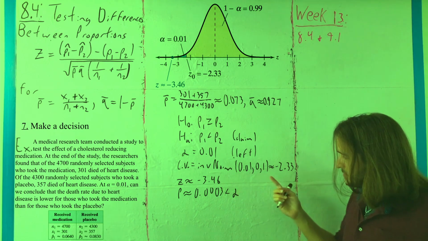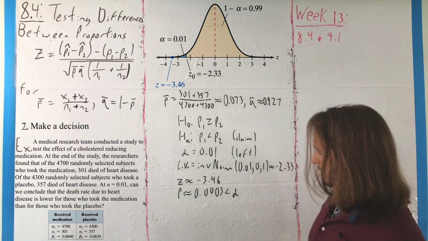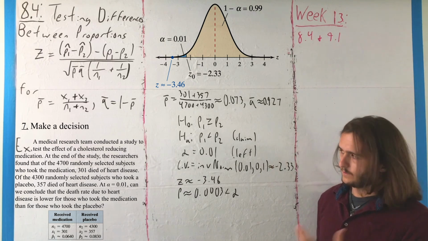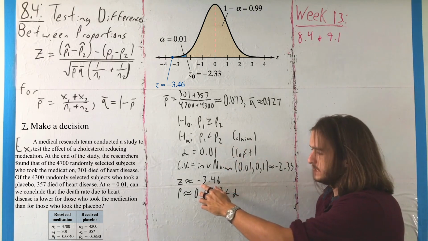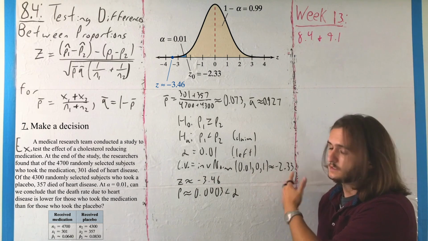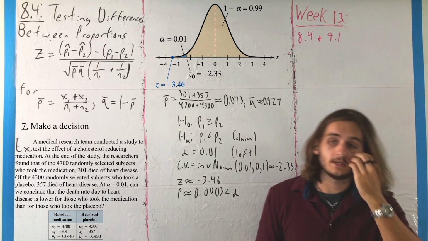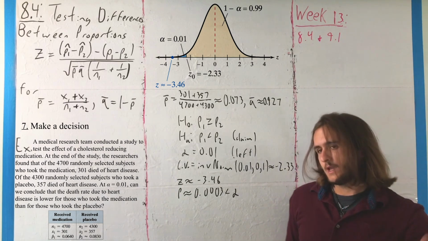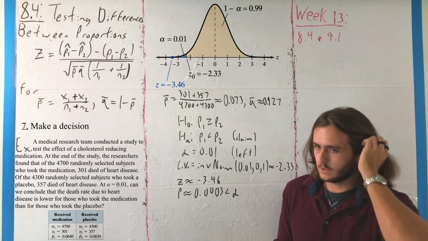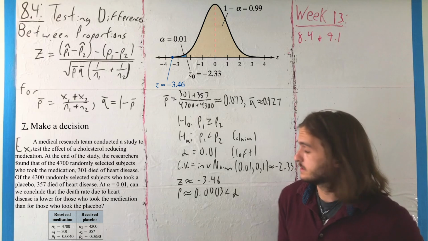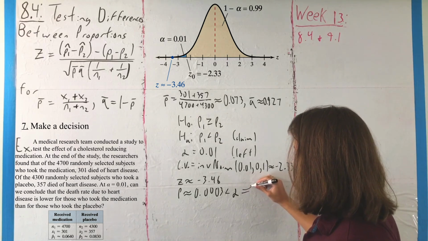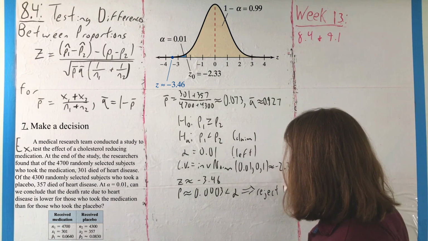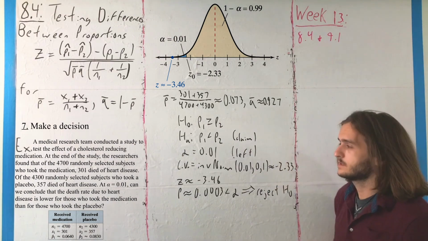That is, z is less than the critical value in a left-tailed test, where if we had flipped that around, like I said, z would then be positive and bigger than the positive one in the right tail. In either case, it's in our rejection region. P-value smaller than alpha, whichever we happen to like the most, whichever one we happen to be asked for in the moment, we end at the same place of rejecting the null hypothesis.